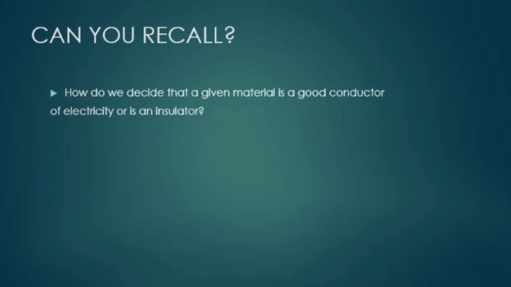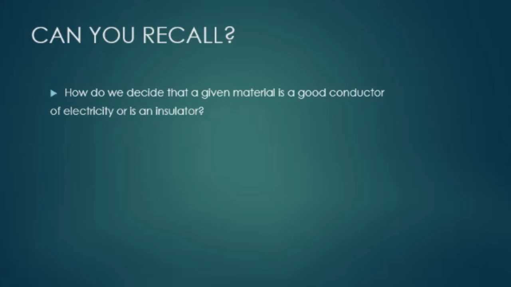See, the answer will be based on the resistance that we have just studied. A material which has very low electrical resistance is called a good conductor of electricity, obviously. And a material which has extremely high electrical resistance will be called an insulator.